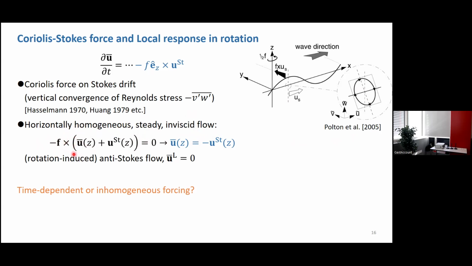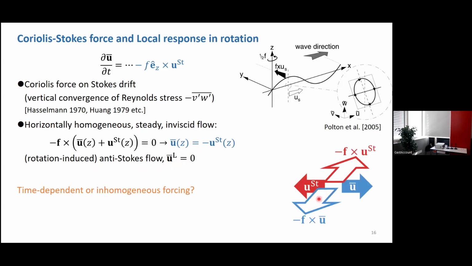When F is non-zero, we get this relationship saying that the Eulerian current locally cancels the Stokes drift velocity. This is the rotation-induced anti-Stokes flow, which results in net zero Lagrangian velocity.